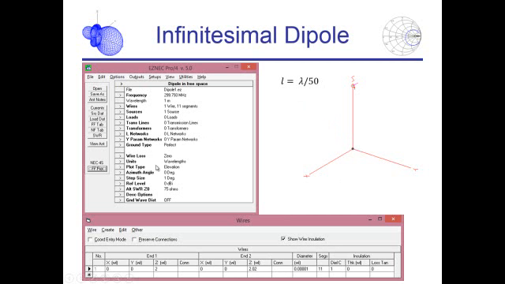Another thing to mention here is that the units are in wavelengths, and for the plot type, I'm going to look at phi equals 90, and the elevation plane is going to go from 0 to 180.